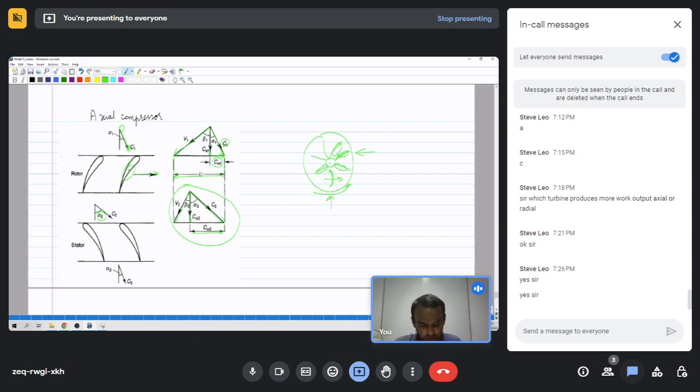Since this velocity has increased a lot and is moving towards the right a lot, this component has become lesser. The V2's whirl component has become lesser. I hope this explanation is clear.